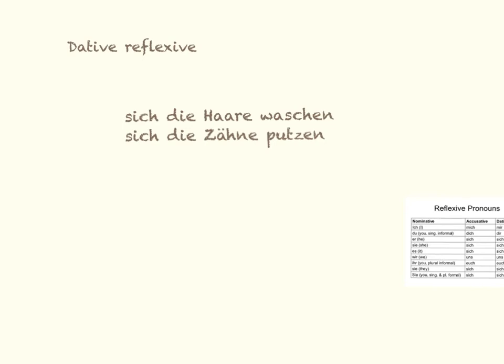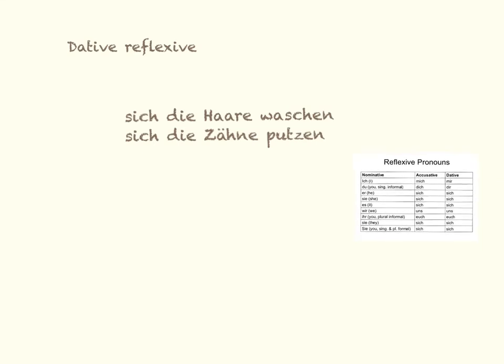Dative reflexive pronouns. Very occasionally, the reflexive pronouns you need to use will be dative reflexive pronouns. And to be honest, there aren't that many of them, so they are best just learnt. So, to wash one's hair, sich die Haare waschen, and sich die Zähne putzen, to clean one's teeth, are two very common ones. Okay, it works like this.